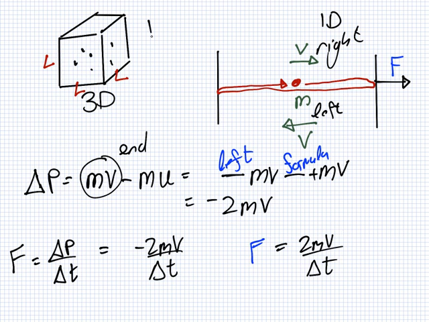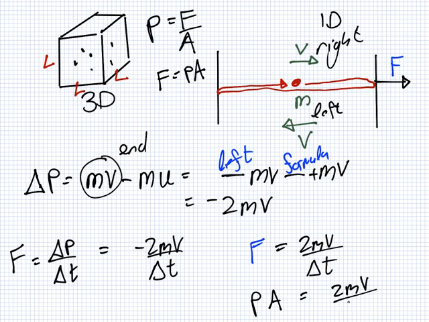We know that pressure equals force over area. So here, that means force equals pressure times area. So I can change this into PA equals 2mv over delta T. Okay so far?